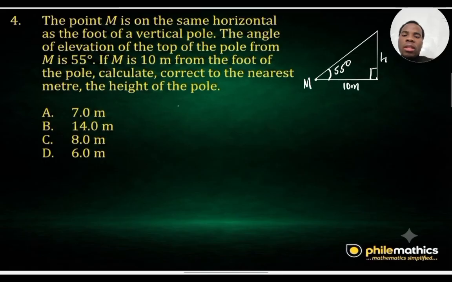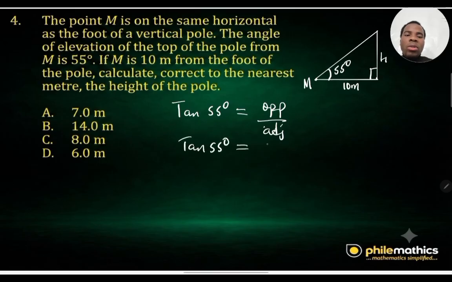So tan 55 degrees, we know it is opposite over adjacent. Tan 55 degrees, our opposite is our h we are looking for, and our adjacent is our 10. So our h is simply 10 times tan 55 degrees.